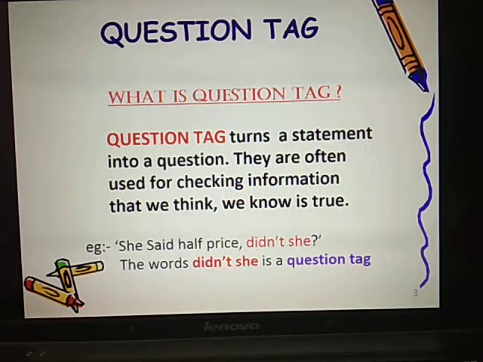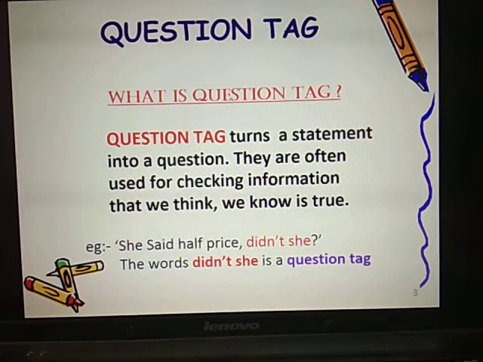Now you see the red colored words didn't she is termed as question tag. I am telling someone she said half price, and again I am confirming on my part whether she really said so. So I say didn't she. The words didn't she are a question tag.